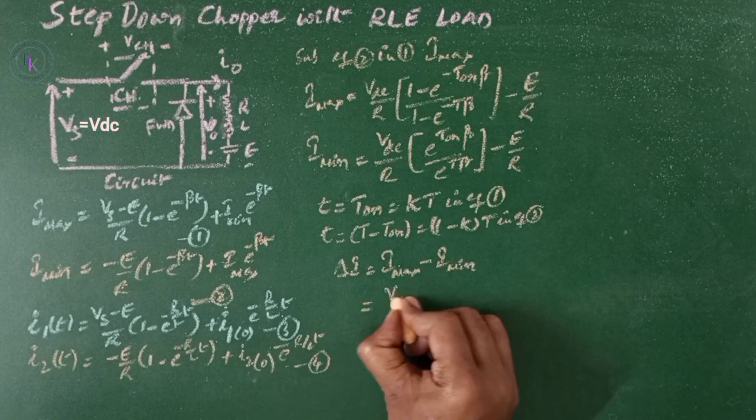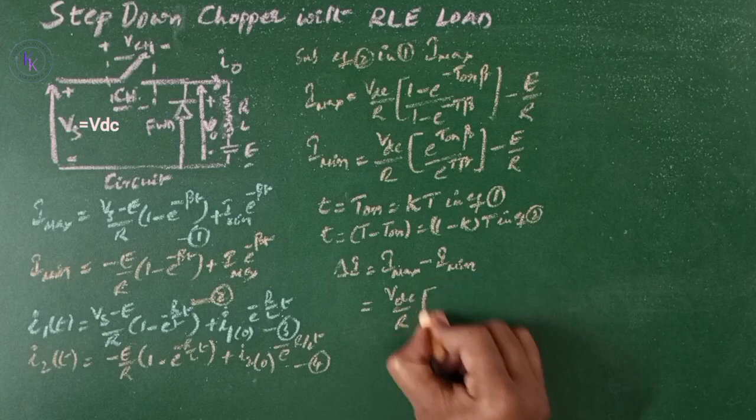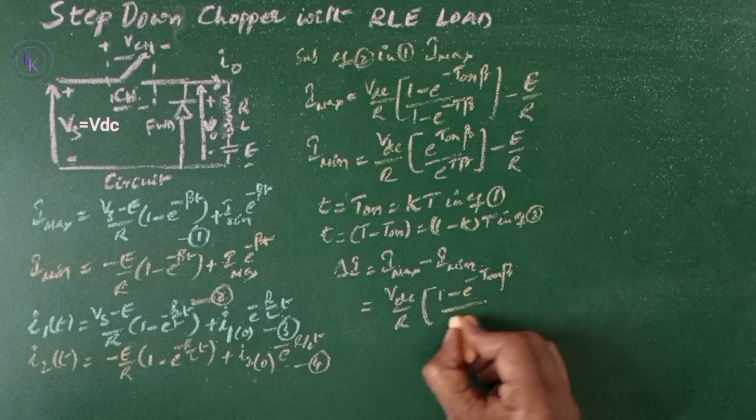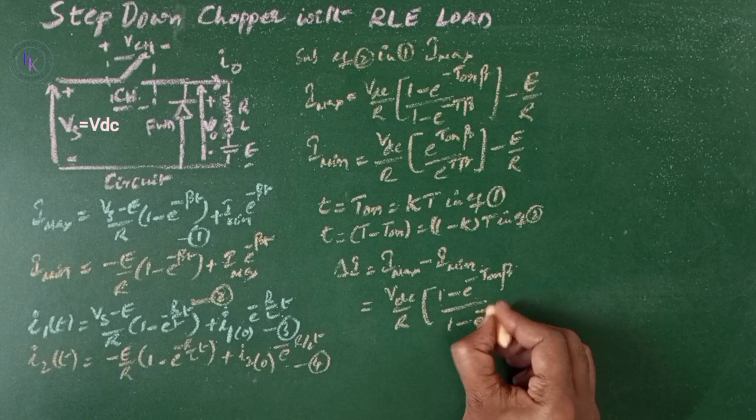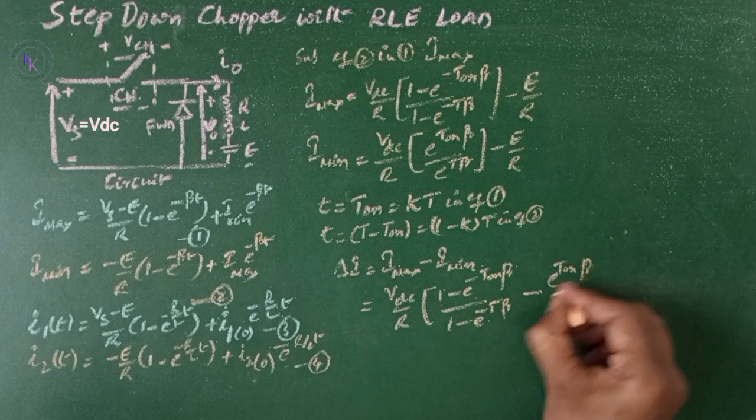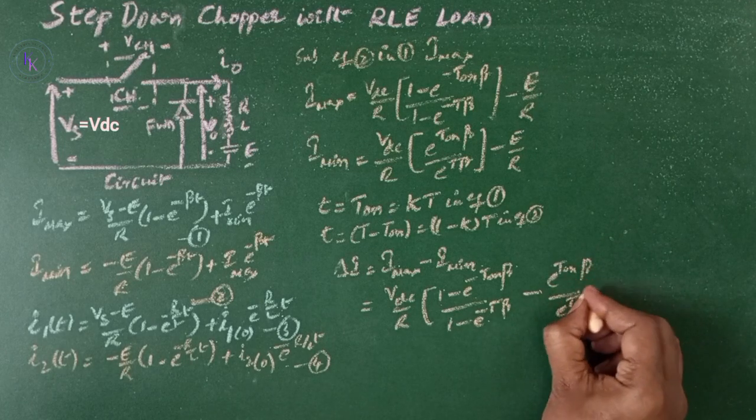The peak to peak ripple current, that is delta I, equals I max minus I minimum, that equals VDC/R of (1 − e^(−T on beta))/(1 − e^(−T beta)) − (e^(T on beta))/(e^(T beta)).